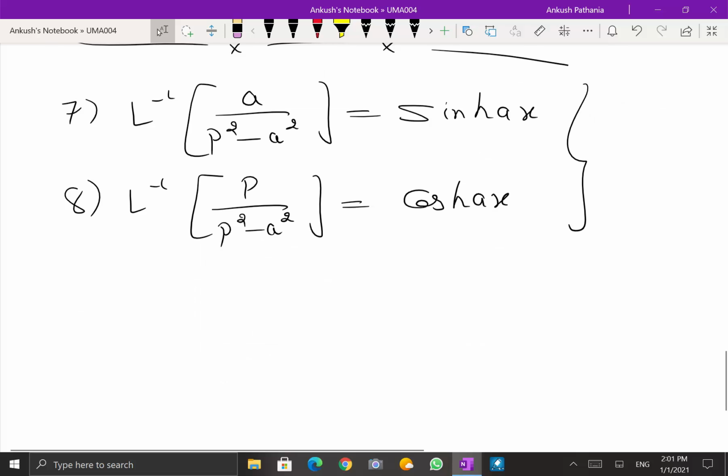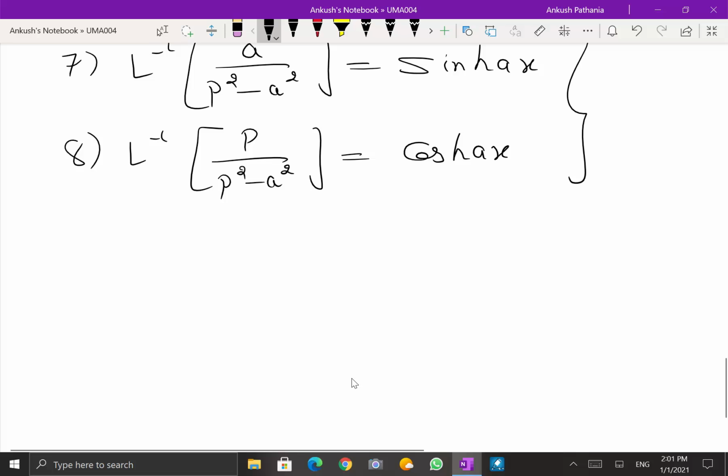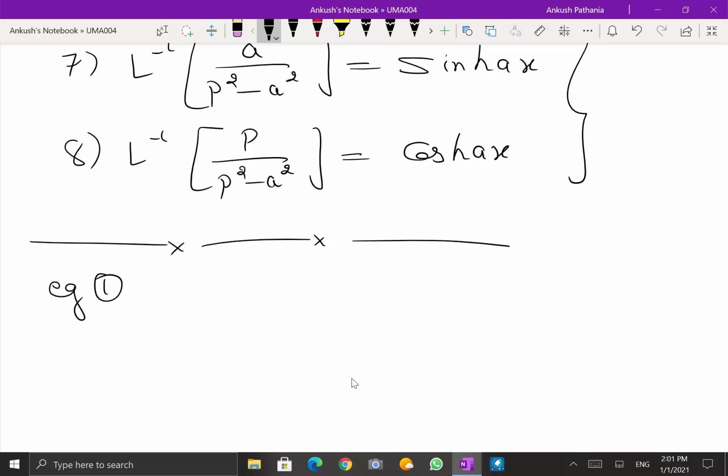So we need the inverse of Laplace transform also. So after these formulas, let us see how we can use them in various questions. Let us consider the first question.